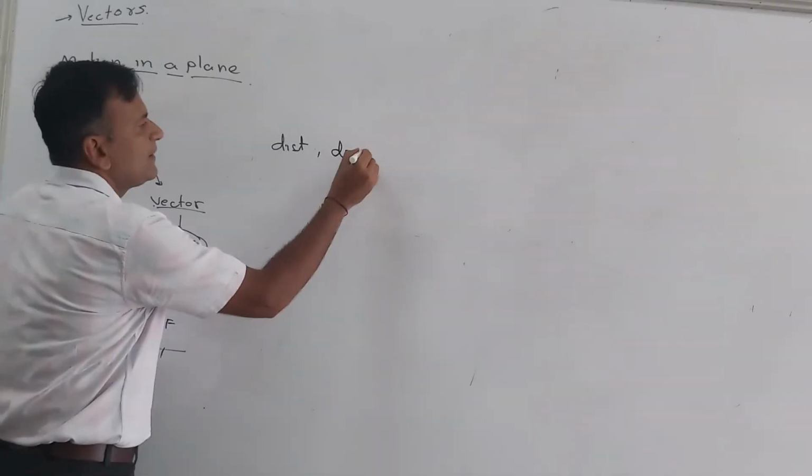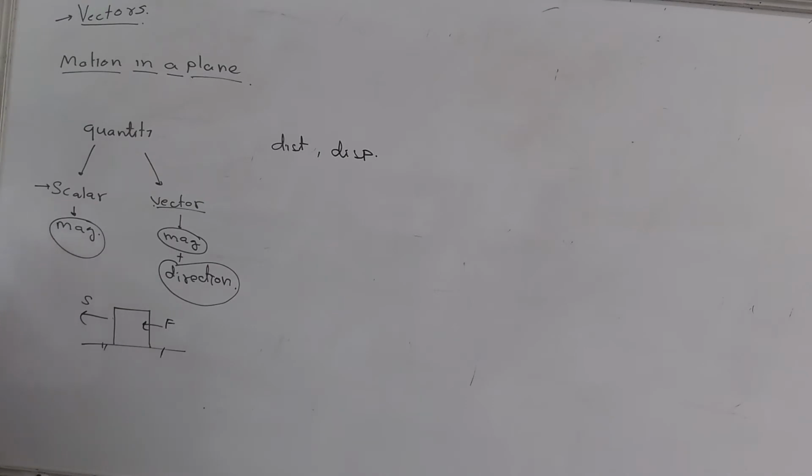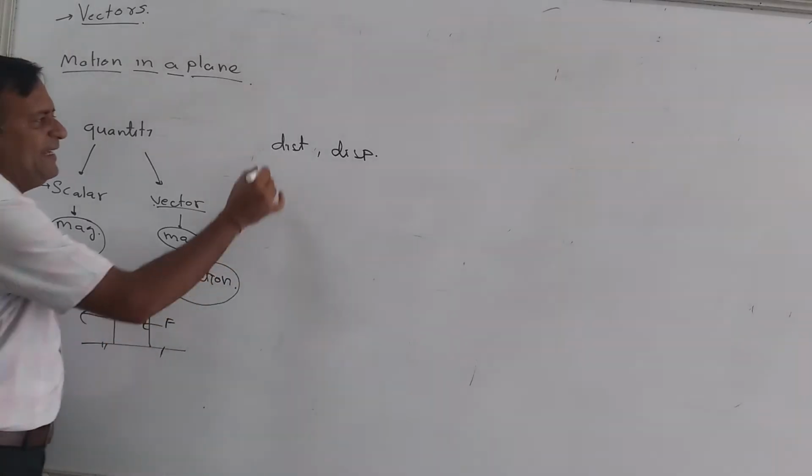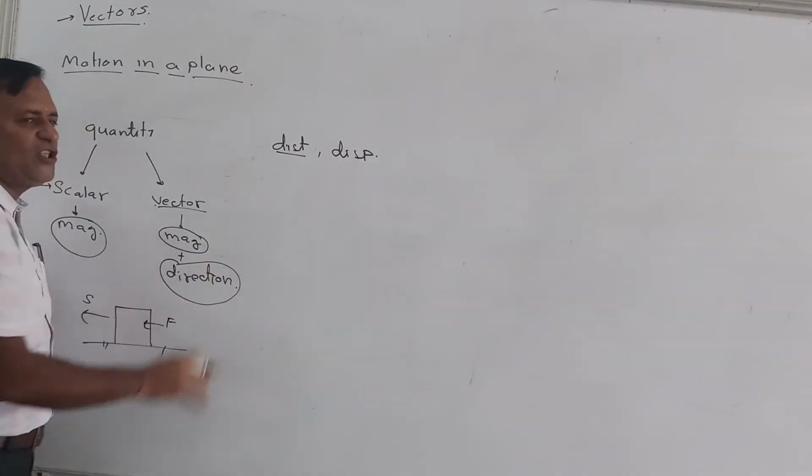There are a few examples in which you have used directions, such as these two physical quantities. One is distance and the other is displacement. You know the difference of the two. I am not going into the deep explanation of what is distance and displacement, but you have been using this. And you know that in distance, direction does not matter.